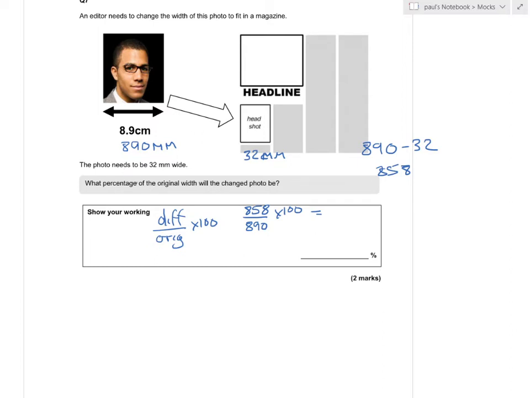What percentage of the original width will the photo be? 96%. That's nowhere near. No, I'm not doing this one right.